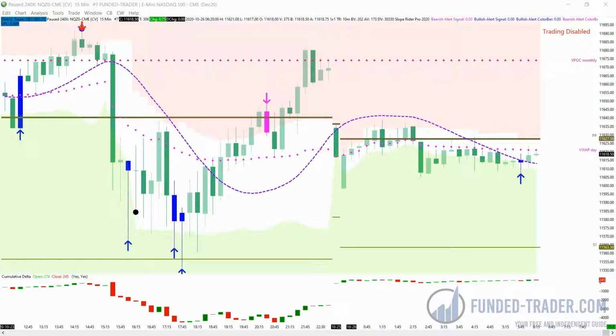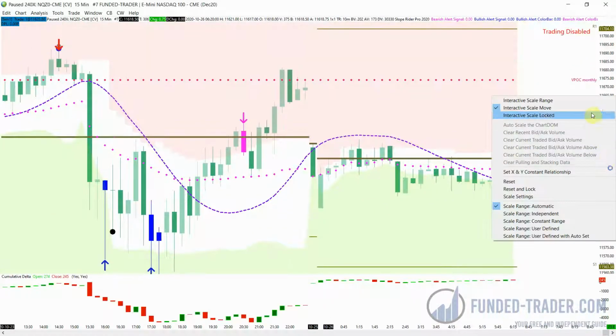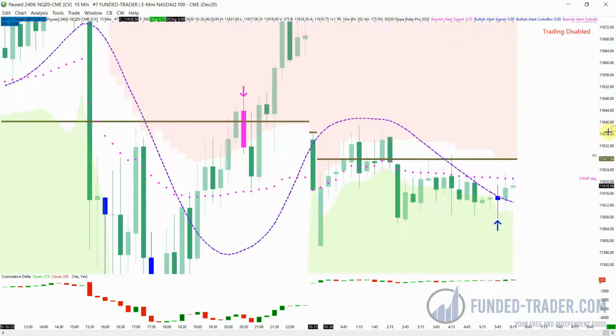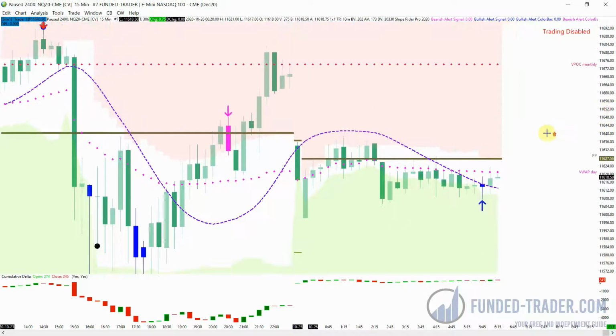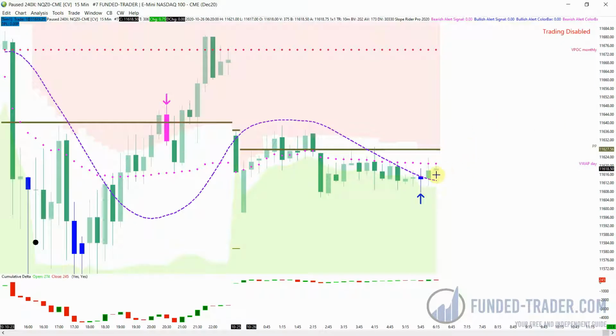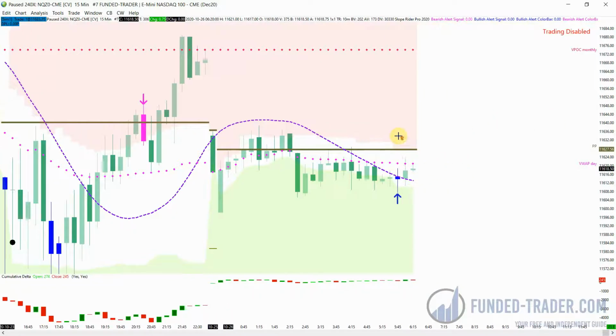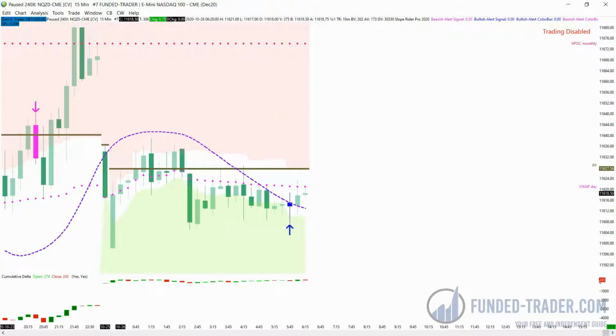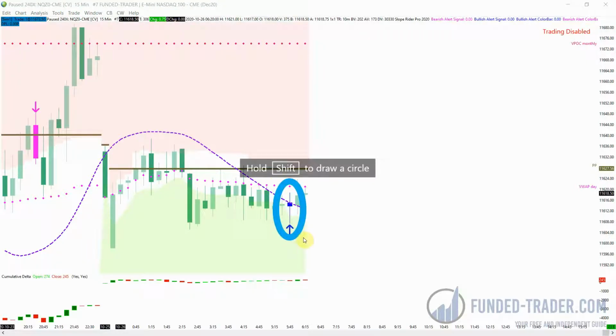It's really ugly, isn't it? Okay, so here's our first signal. The blue candle here. All right, that's a signal which is confirmed when, so it's a buy signal.